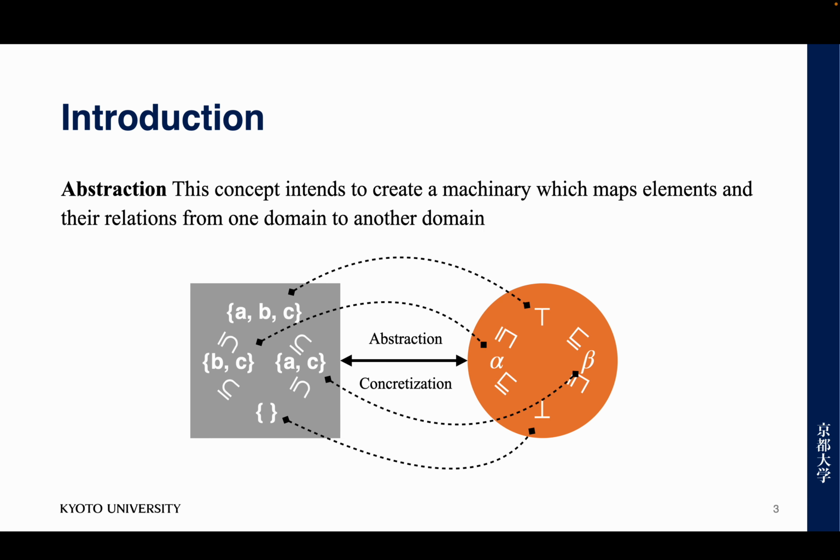Abstraction is a concept that intends to create machinery which maps elements and their relations from one domain, or say the original domain, to another domain, approximating information of those distant from core properties subject to analysis. It is a framework for approximating the behavior of computer programs or systems of similar complications.